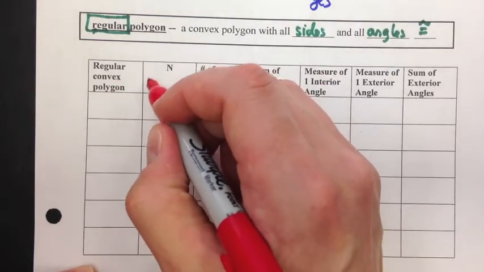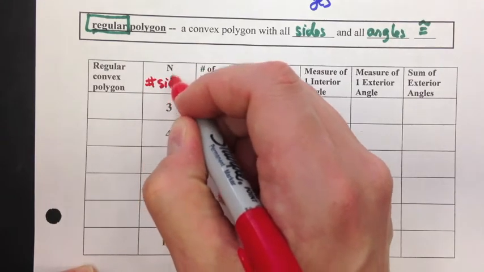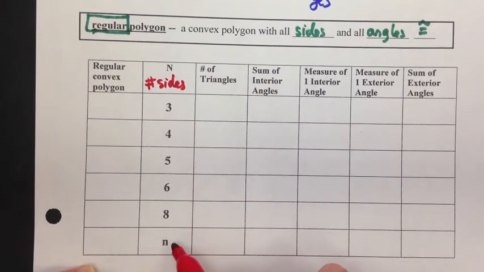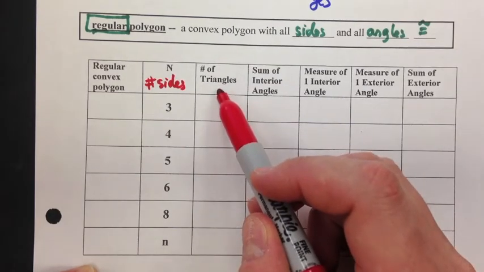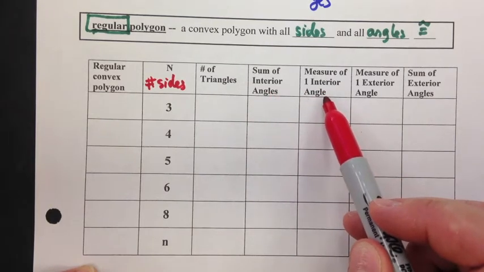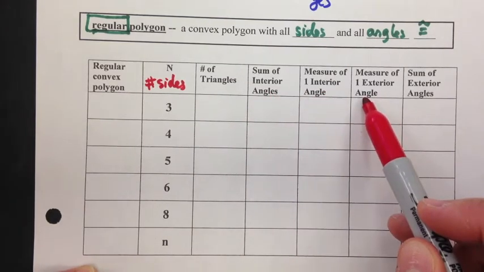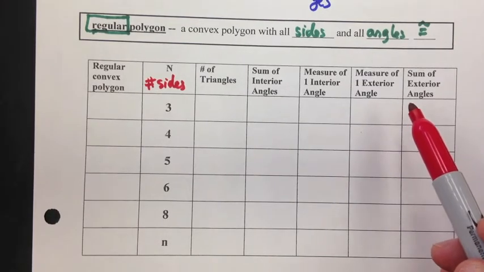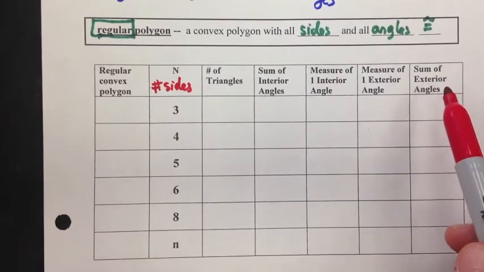N is the number of sides, so 3 all the way up to N. Then number of triangles, sum of the interior angles, measure of one interior angle, measure of one exterior angle, and sum of the exterior angles. As we go through, I'll explain this, but we're going to fill out this whole chart.